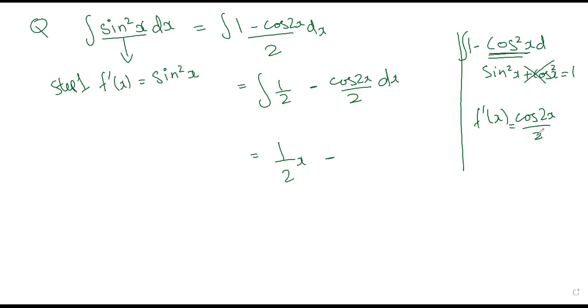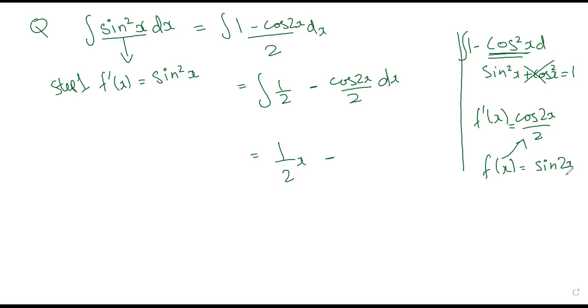What if you have cos 2x by 2 as your derivative function, and you have been asked to find the integral? So you need to think of a function whose derivative is this. So it would be sine, definitely, sine 2x, right? Agreed? It would be sine 2x, but there's another problem.